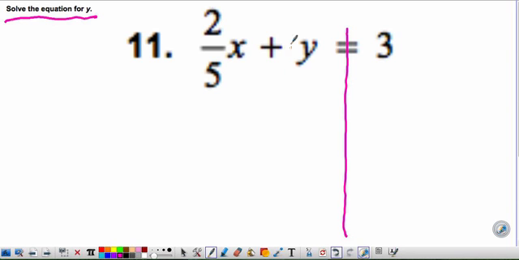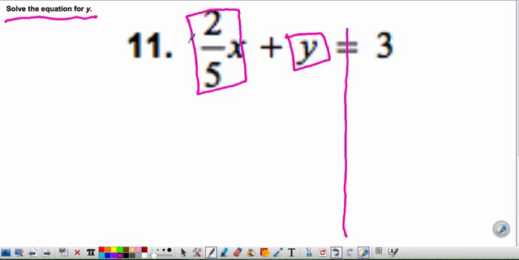Okay, so if we're solving for y, it means I want this y all by itself. So that means I need to move this 2/5 x. I'm moving the whole thing, taking the x with it.